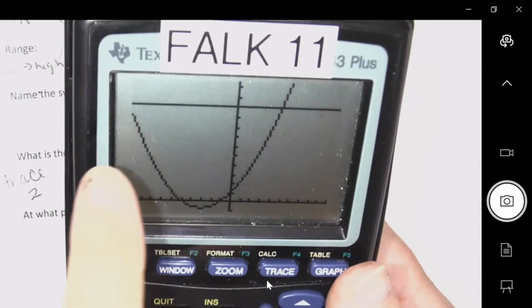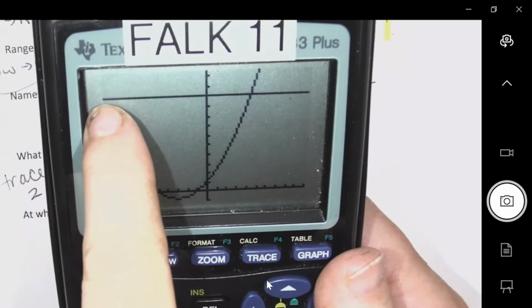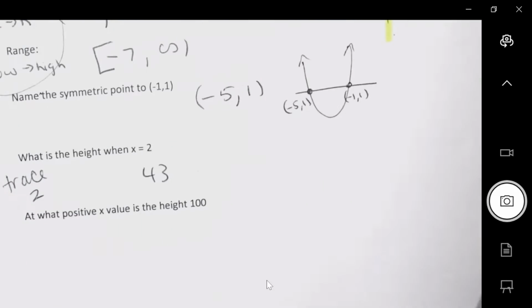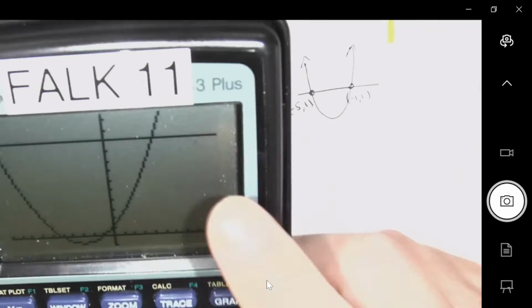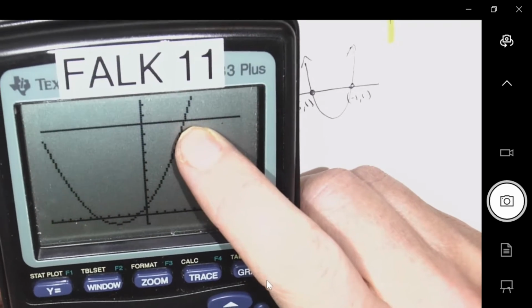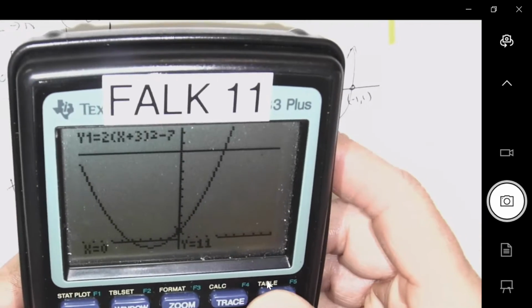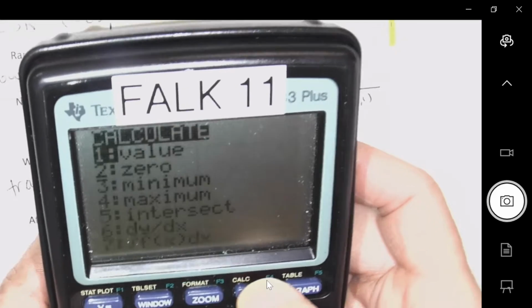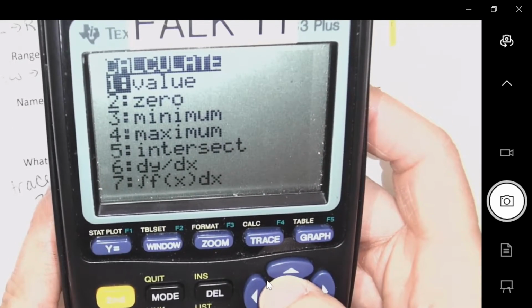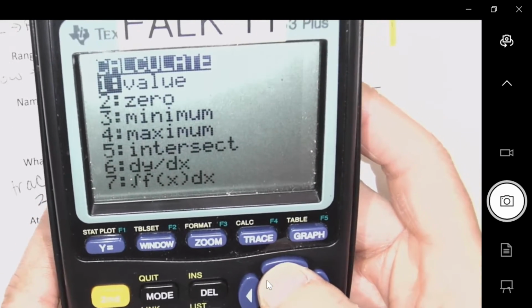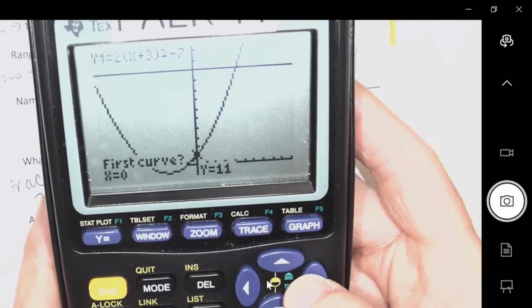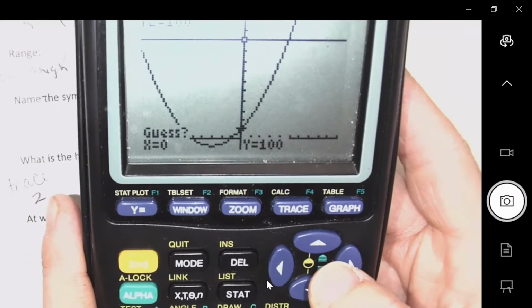Okay, so there's two intersections over here and over here, but it told me a positive x value, so I'm looking for exactly that. I'm going to calculate the intersection. Enter, enter, enter.